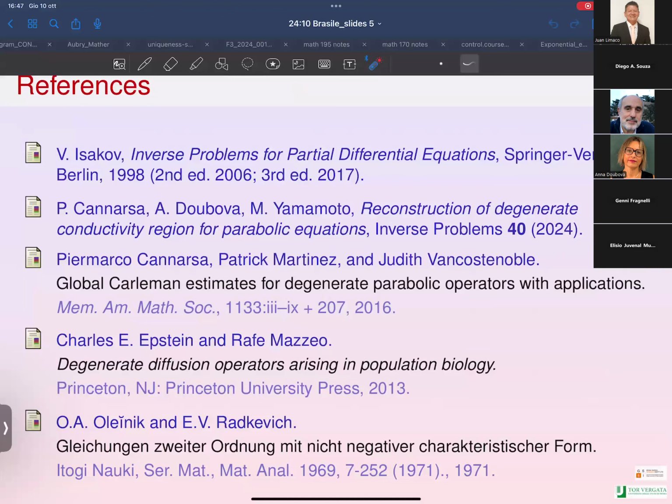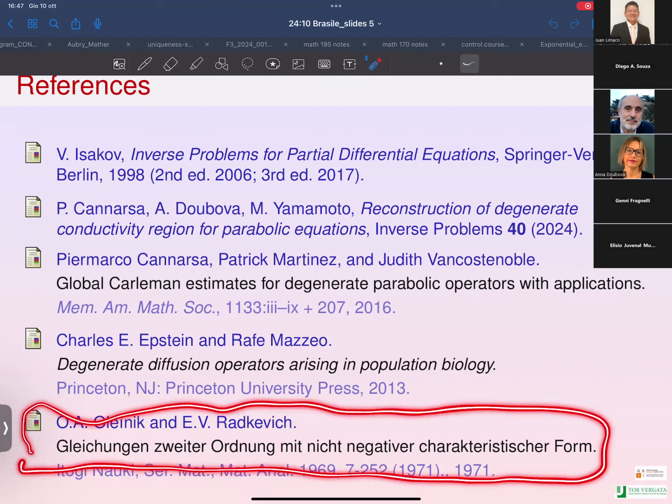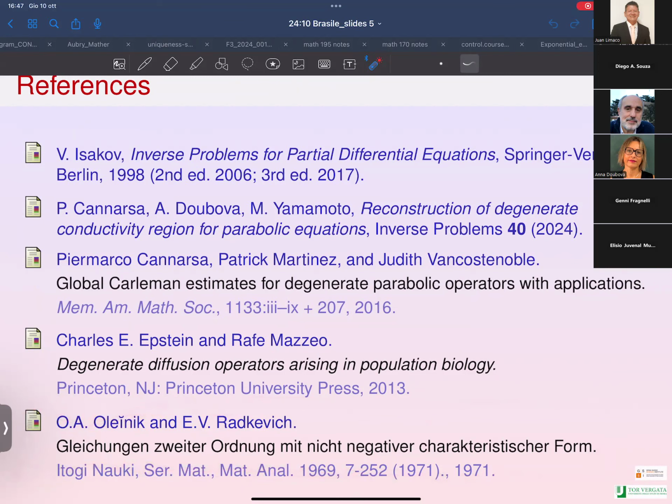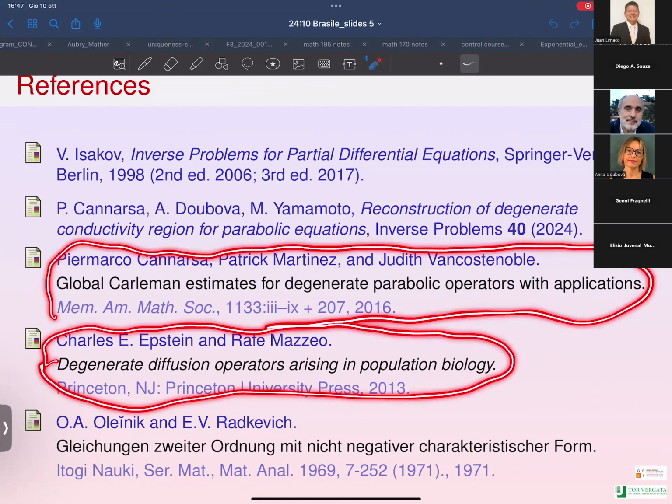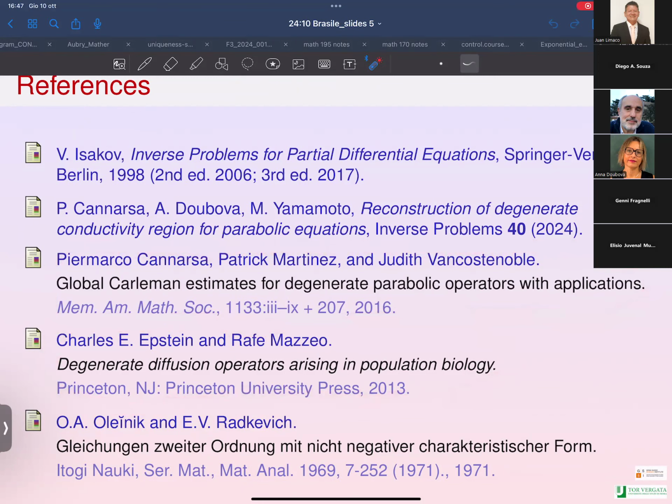And then, well, literature on degenerate equations is also pretty large. Let me just recall a classical book by Oleinik and Radkevich, and more recently, monographs by Epstein and Mazzeo, and by myself, Martinez, and Vancostenoble, where we developed Carleman estimates for degenerate parabolic equations in dimension 2.